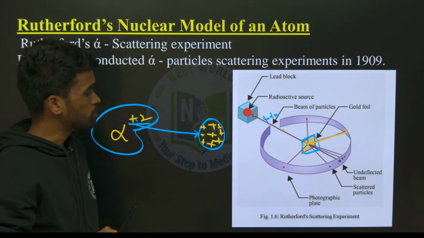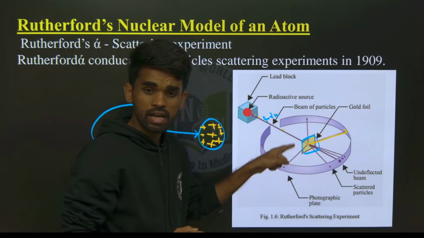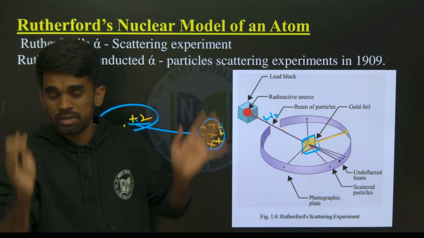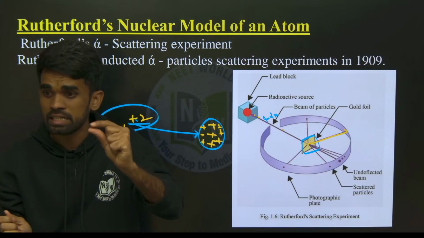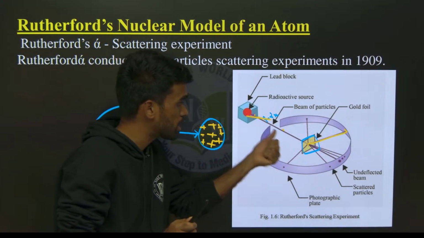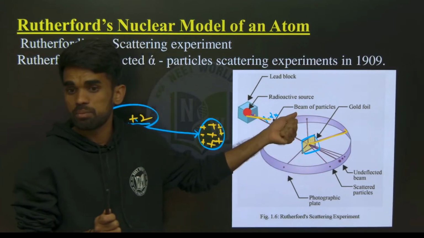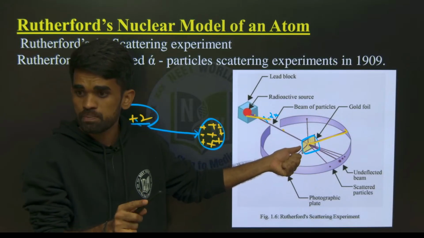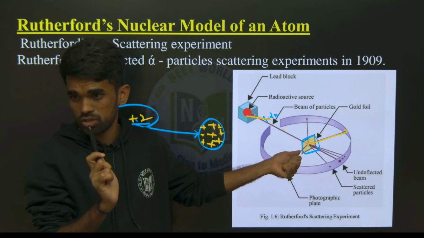Yes or no? It means in the atom the positive charge is not uniformly distributed, but concentrated at a certain point. Whenever alpha particles go through that point, deflection is observed. In the remaining positions there is either hollow space or some electrons.